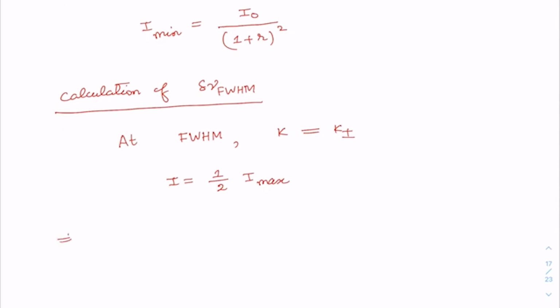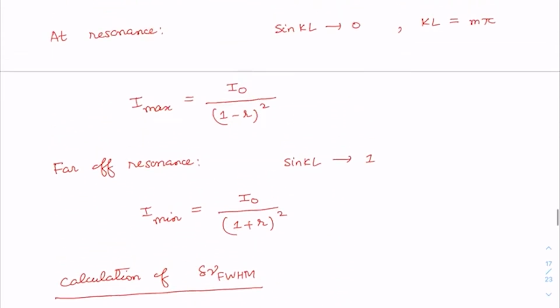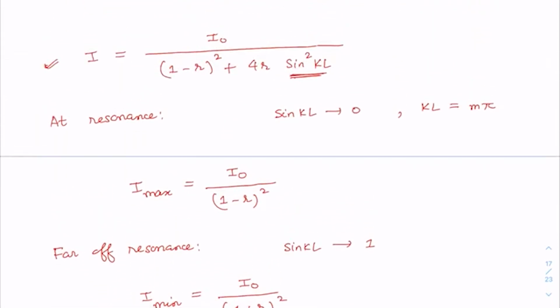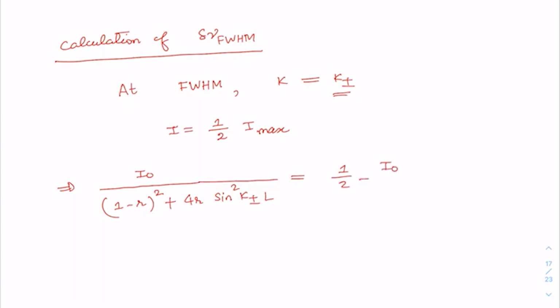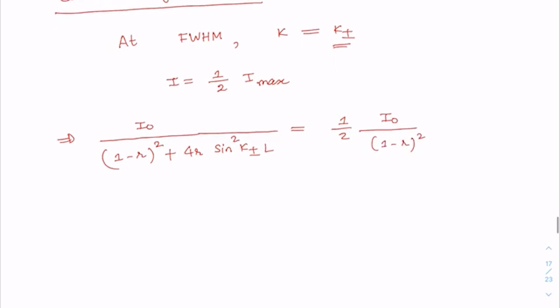So if I now put the expression of I from here, for k is equal to k plus minus, then I have I0 divided by 1 minus R whole square plus 4R sine square k plus minus L, and that would be equal to half I0 divided by 1 minus R whole square.